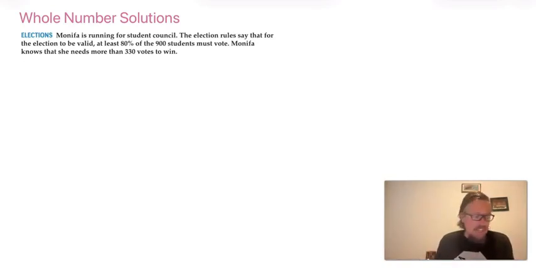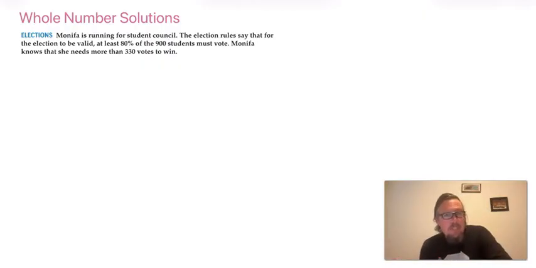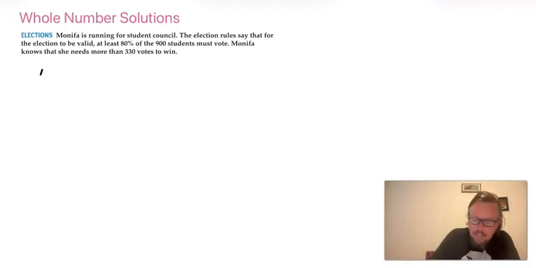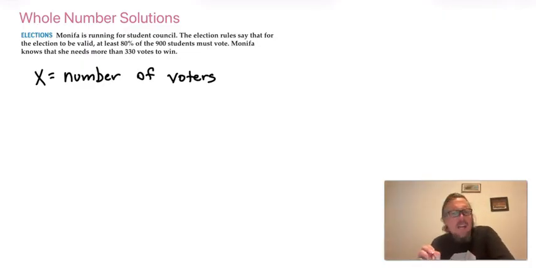So let's start off by defining our variables. Variable number one is going to be the number of people who vote. Let's just call that X. X equals the number of voters. And then Y is going to be the number who vote for her.